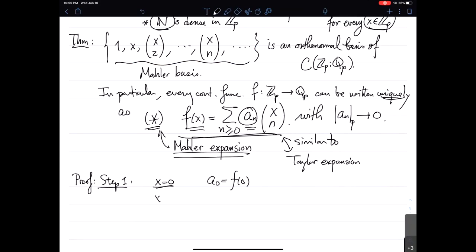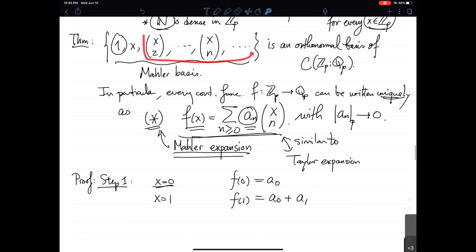And I can do the next thing, x equals 1. On the left hand side I get f1. On the right hand side I get a0 times 1, plus a1. And then starting from 1, these will be 0. So I just have 2 terms. Therefore, a1 is f1 minus f0. I can do the next one.